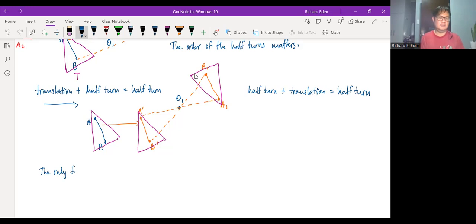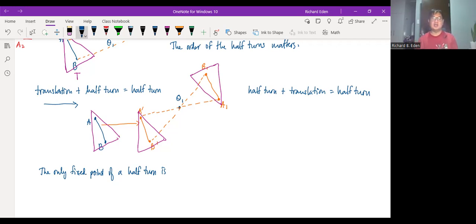The only fixed point of a half turn is, wait, it is the points that are collinear with the, oh wait, no, whatever. The points that are on the axis. Wait a moment. What axis?